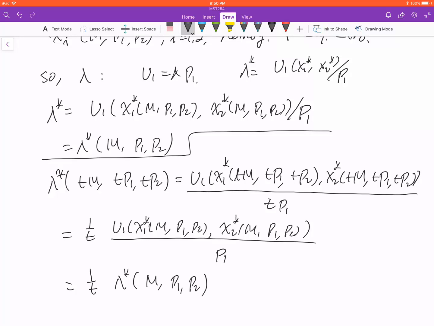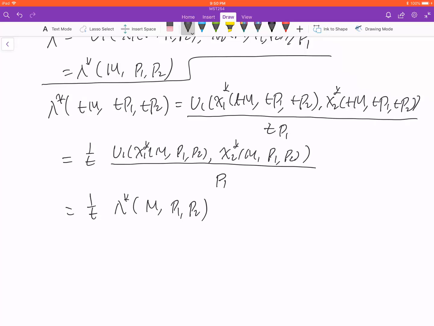So from this equation, we can also know that lambda star as a function of m, p1, p2 is homogeneous of degree -1. All right, that's it.